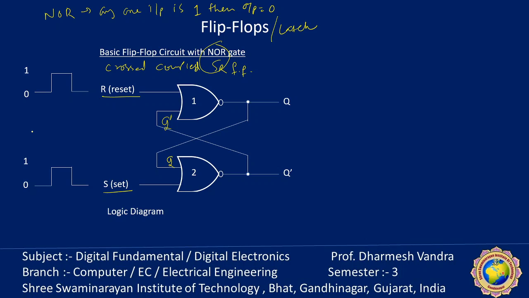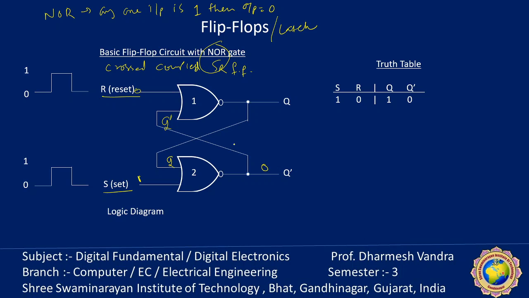As a starting point, assume that the set input is 1 and reset input is 0. So as per the definition, if any one input is 1, whatever the value of Q, it might be 0 or 1, the output is always 0.